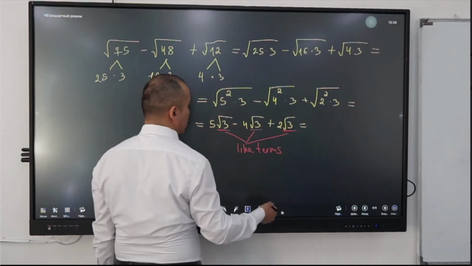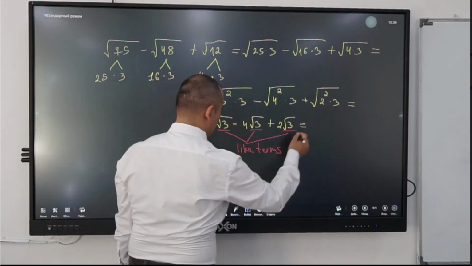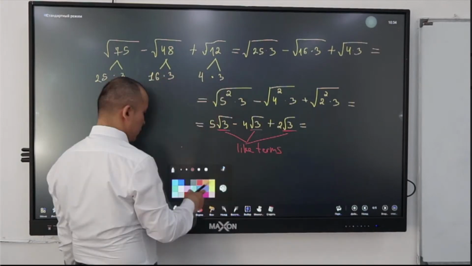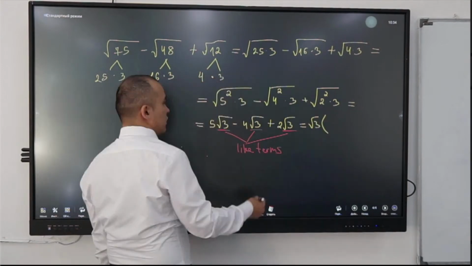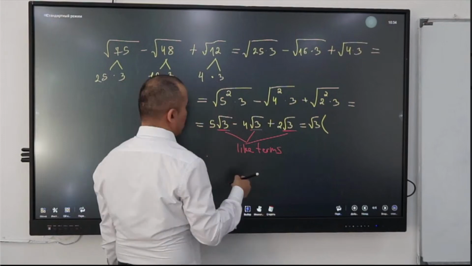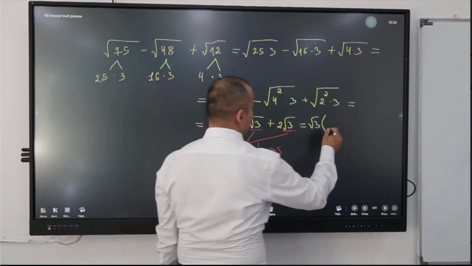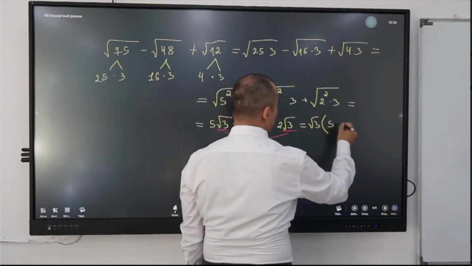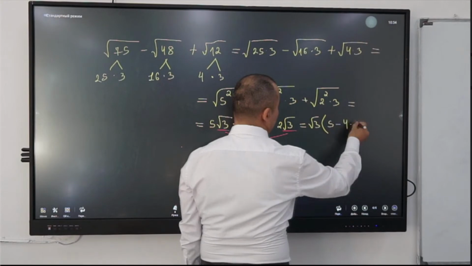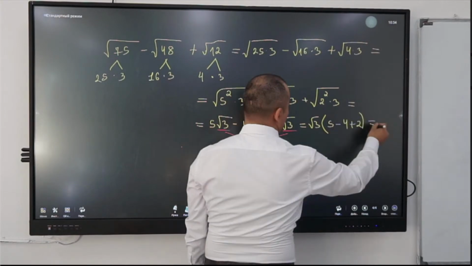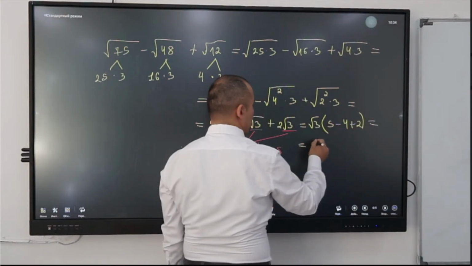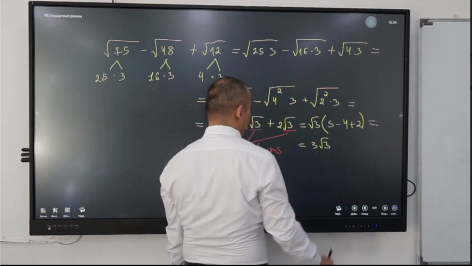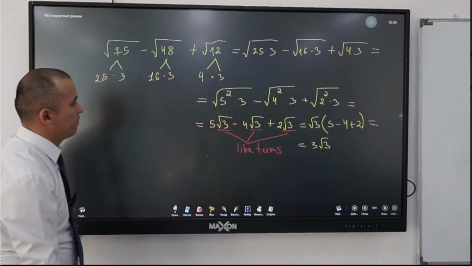The common factor is root 3. So we can add or subtract. Outside the radical we write 5 minus 4 plus 2, which will be 3, so 3 root 3. Okay?